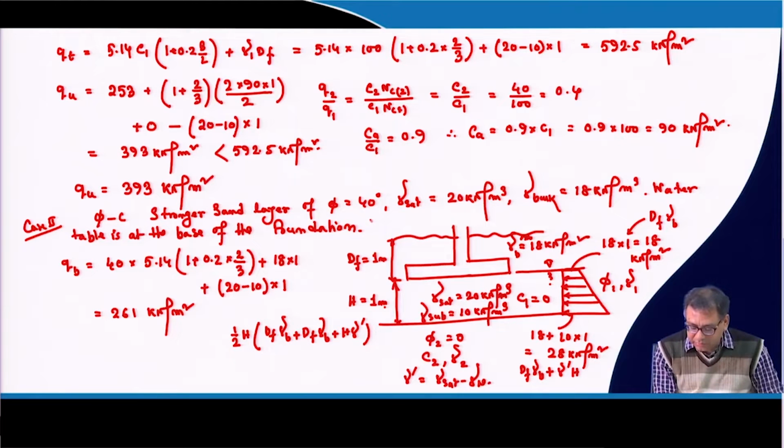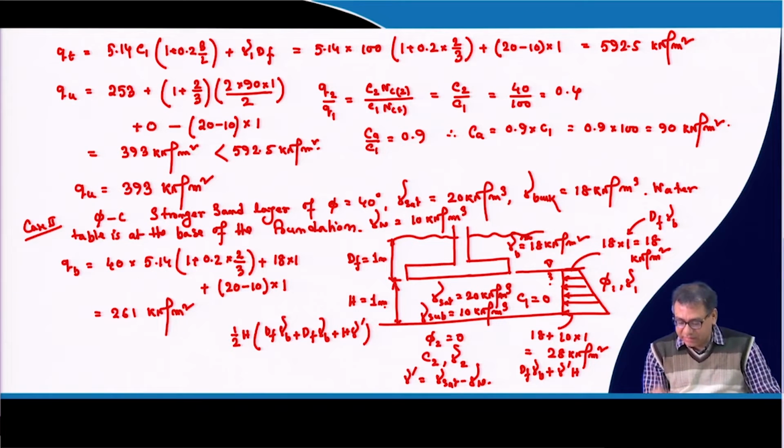Here gamma w is given as 10 kilonewton per meter cube, and gamma sat is 20 kilonewton per meter cube. So gamma sub, or gamma dash, is 10 kilonewton per meter cube.